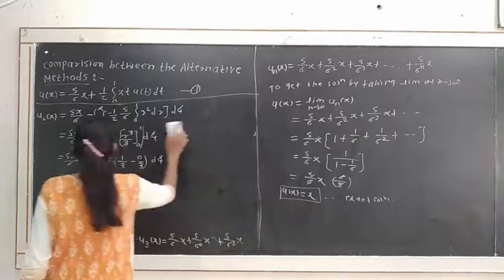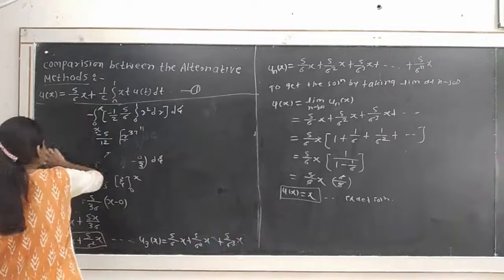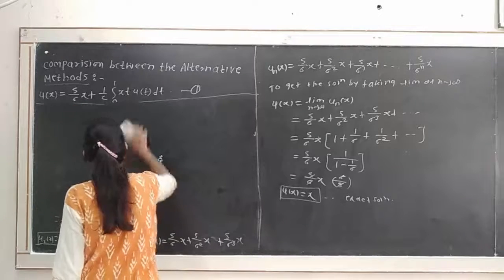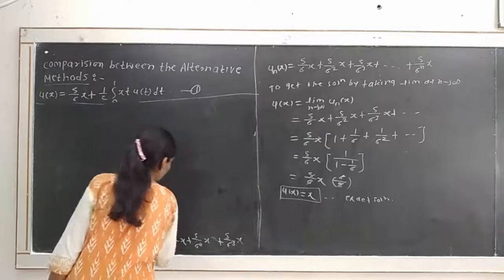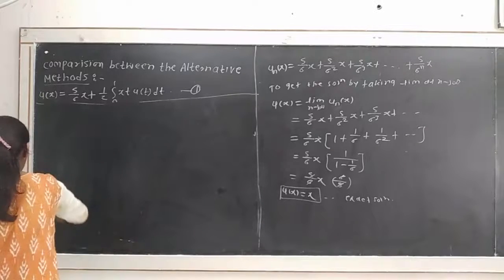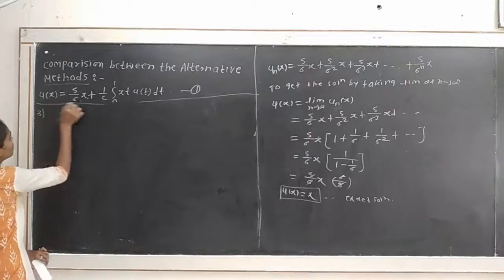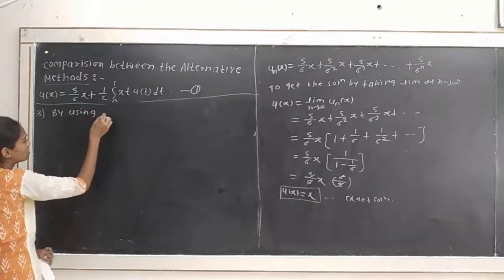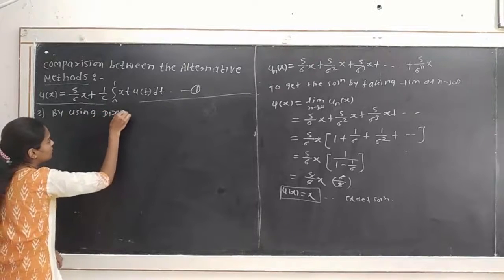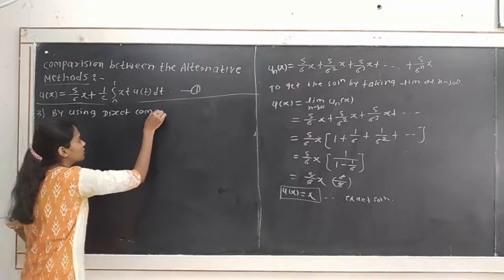Okay, so next we solve this example using the next alternative method, that is the direct computation method. So the third alternative method: we solve the equation by using the direct computation method.